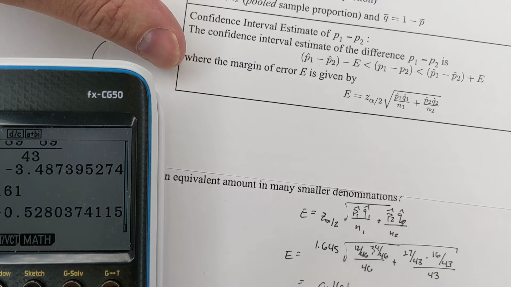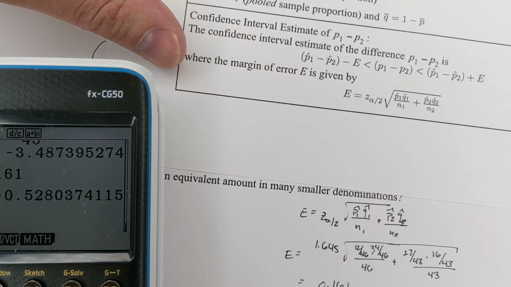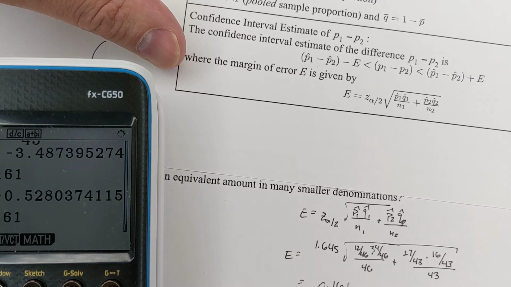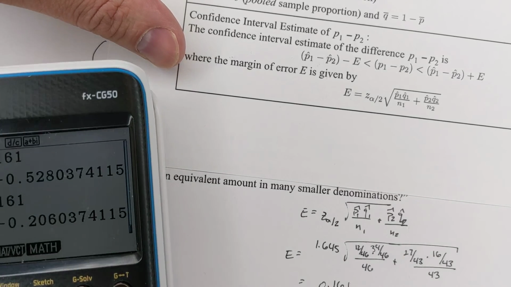And then over here we got plus E, so 12/46 minus 27/43 plus 0.161. So negative 0.206.